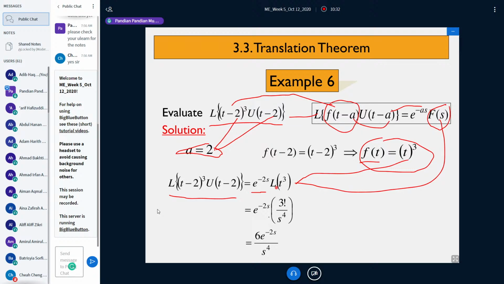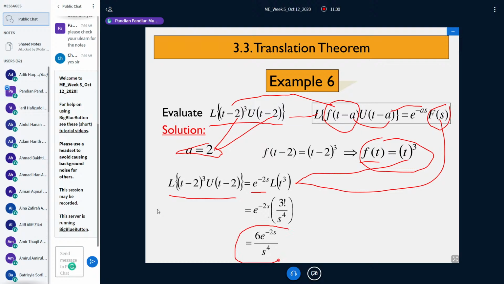So Laplace of t cubed, you have the formula n factorial divided by s^(n+1). So n is 3. So 3 factorial divided by s power 3 plus 1. So 3 plus 1 is 4. Now 3 factorial is 3 multiplied by 2 multiplied by 1, 6. So 6 e power minus 2s divided by s power 4.